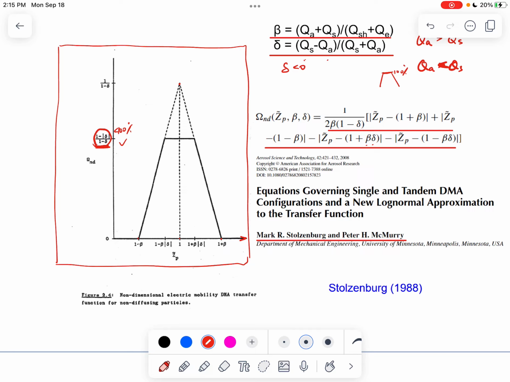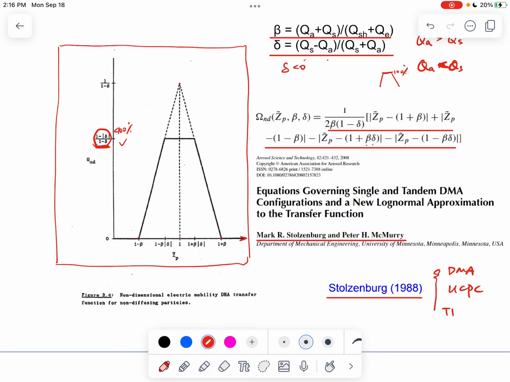Okay. So this analytical solution of the transfer function was first introduced by Mark Stolzenburg in his PhD thesis. In his PhD thesis, he did very detailed analysis of the aerosol instrumentation system, or the sizing systems. So he analyzed the performance of the DMA, introduced the ultrafine CPC, which has basically the capillary flow going through the center of the aerosol tube, which enhanced the activation.